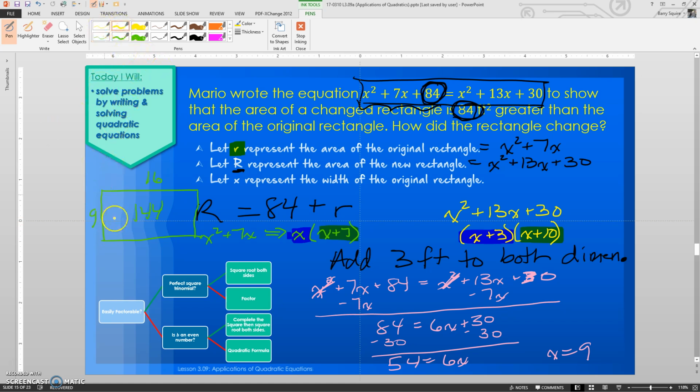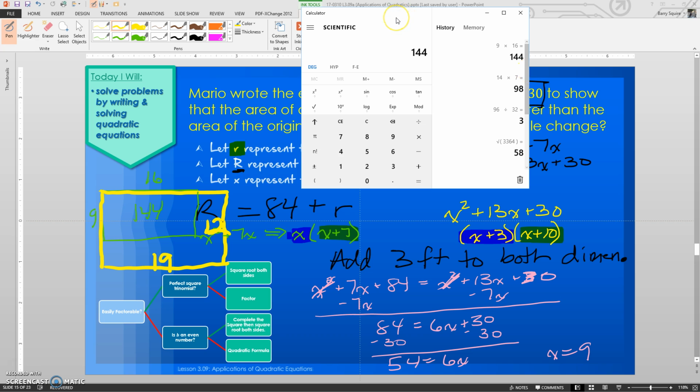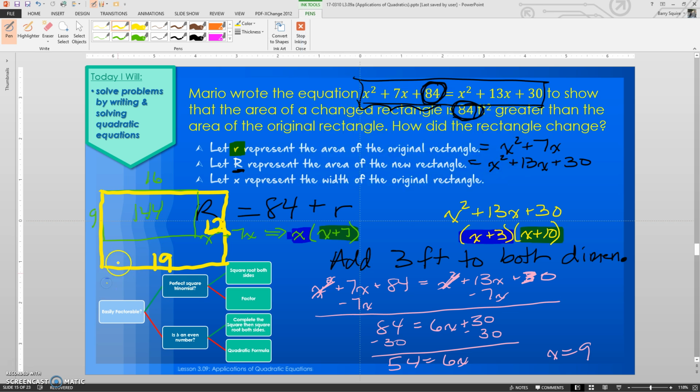Now let's see what's going on if we add 3 to both dimensions. So if I add 3 here, and I add 3 here, then this becomes 19, because 16 plus 3 is 19, and 9 plus 3 is 12. So now we have a 12 by 19 rectangle. And what's 12 times 19 to get the area? 12 times 19 is 228.